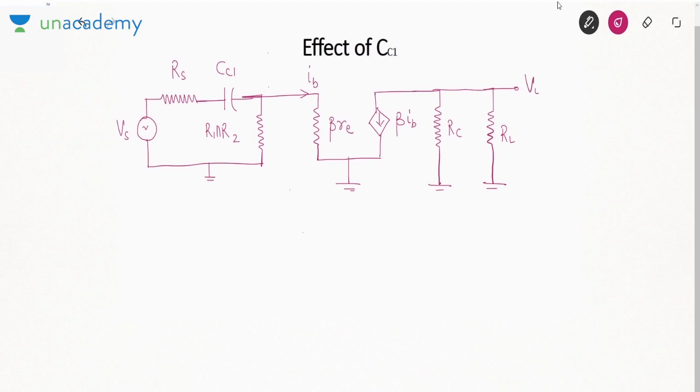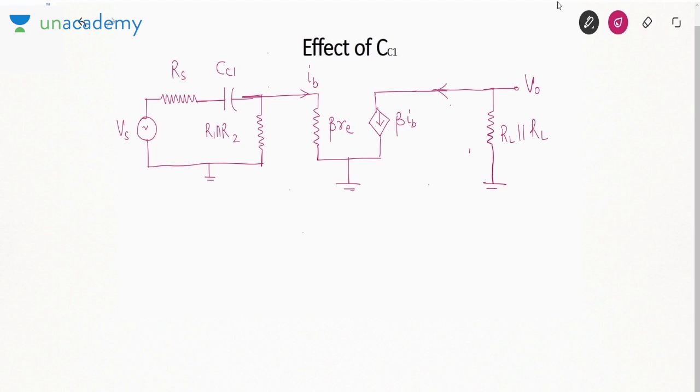Now I have to find the transfer function V0 by Vs. For that I first need IB. So how you will find IB? First of all, what I will say, this RC and RL are in parallel. If they are in parallel, what I will do is I will remove one resistance and I will write here RL parallel RC.